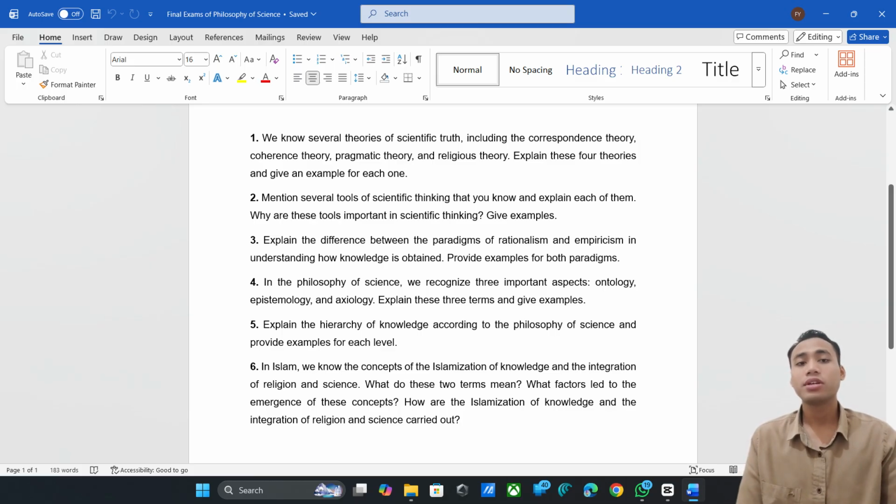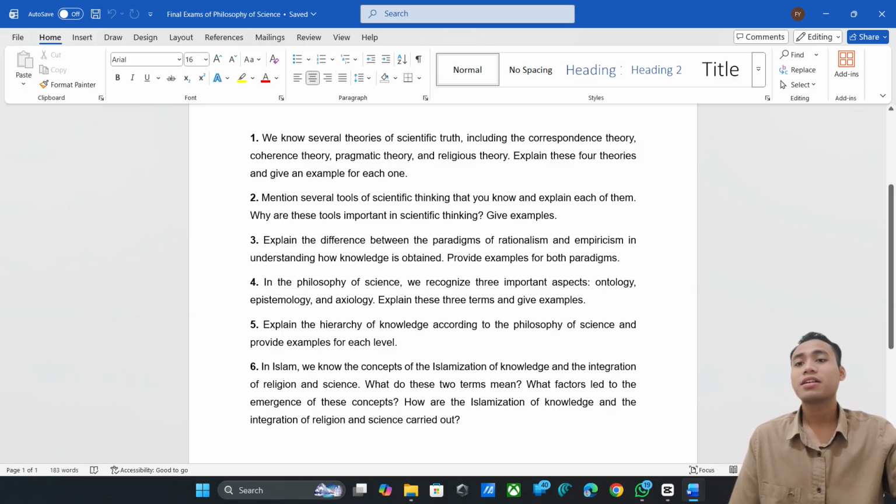And epistemology studies how we gain knowledge, such as observation and reasoning. And axiology studies the values and purposes of knowledge, such as using medical science to help people. Okay, next to the fifth question.